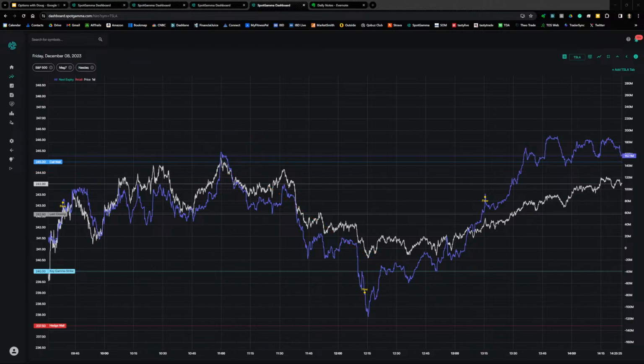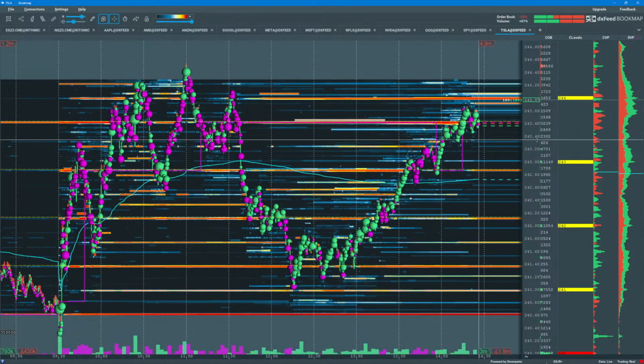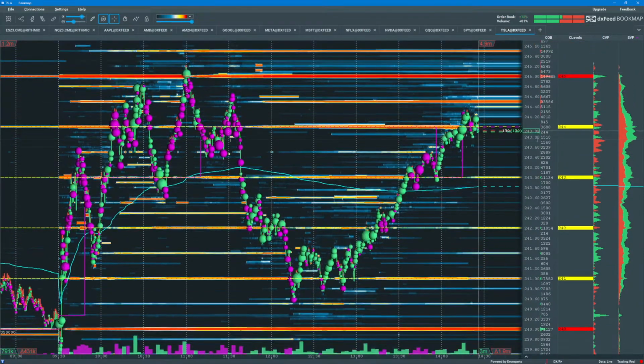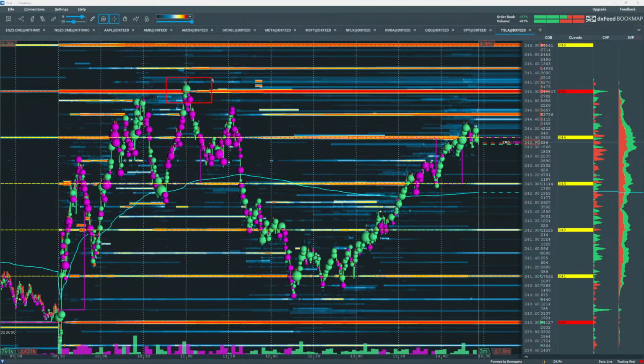Let's go back to Bookmap. So there's that test of the 245 call wall. Notice the high concentration of liquidity at that level.